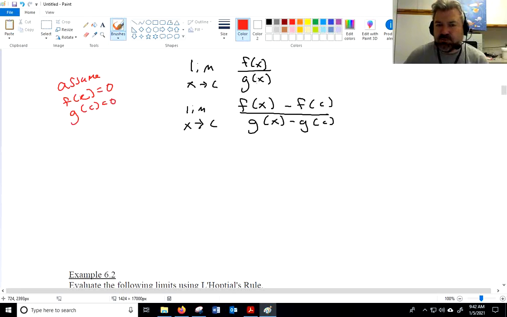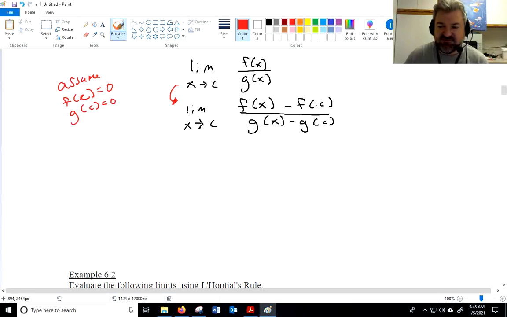So this is an important realization here, that if you try and apply L'Hopital's when you plug in the original limit and you get like 3 over 5, and you apply L'Hopital's, you are not going to get 3 over 5. You see, L'Hopital's does not work when you try and use it when you shouldn't. It will give you a wrong answer, because this step in the proof doesn't apply.